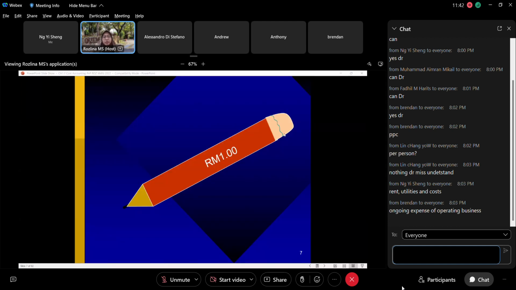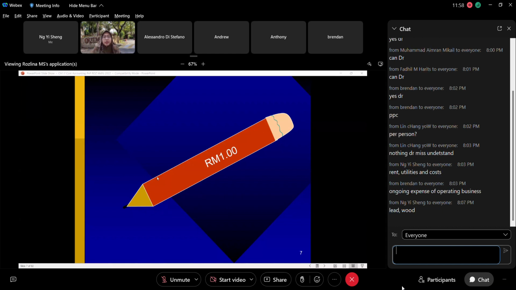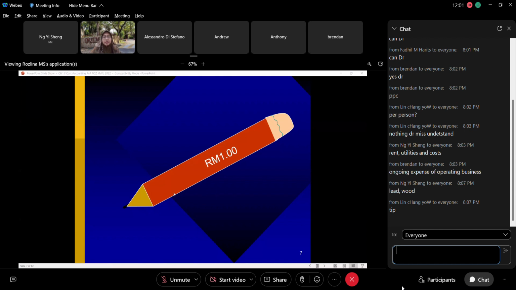Now we go to one picture here. This is a pencil. Can you imagine one pencil, and can you name the parts of the pencil? This red one is made of what? Made of wood, Doctor. Okay, good.